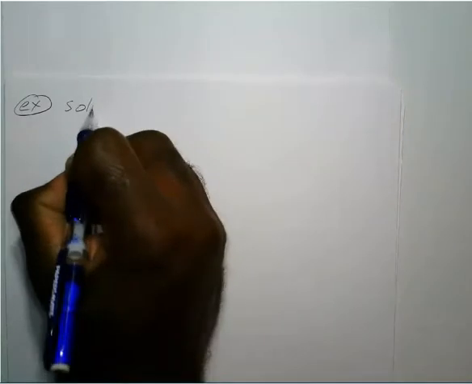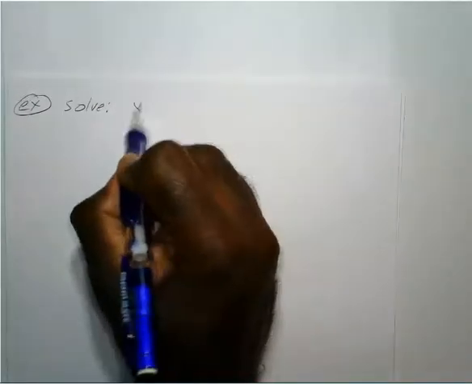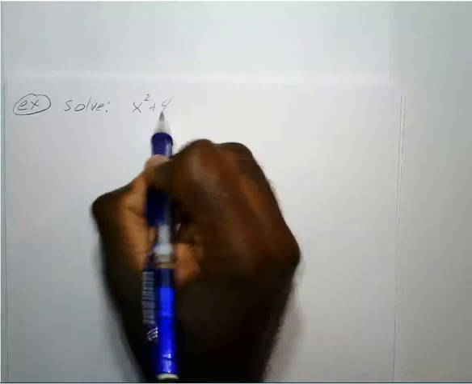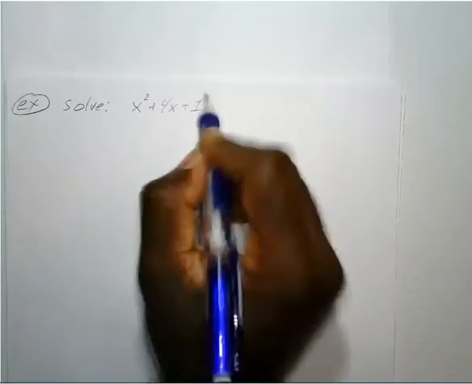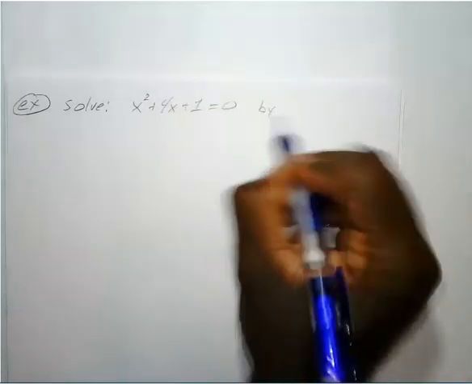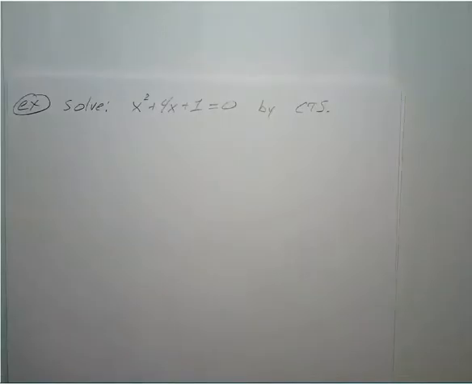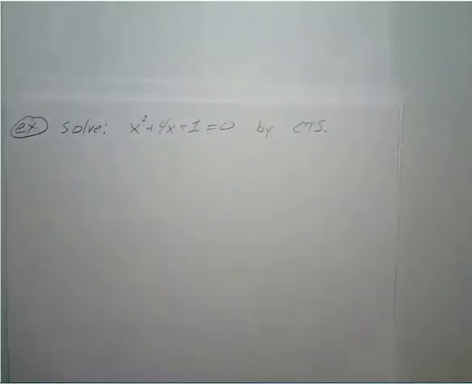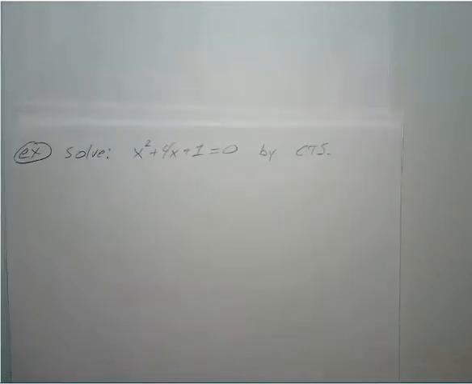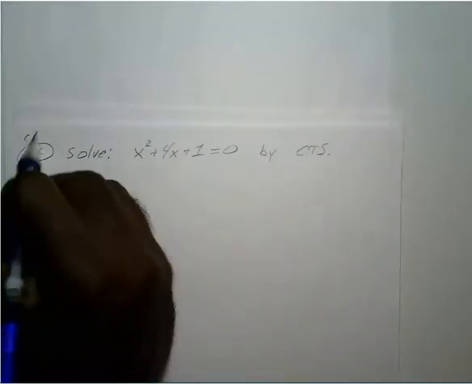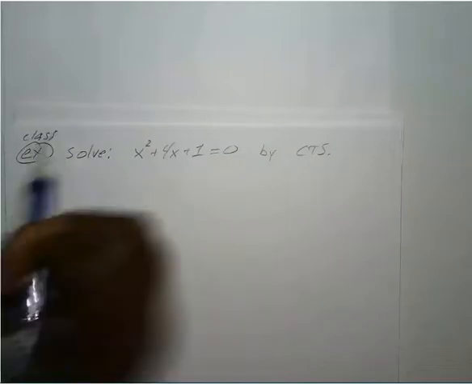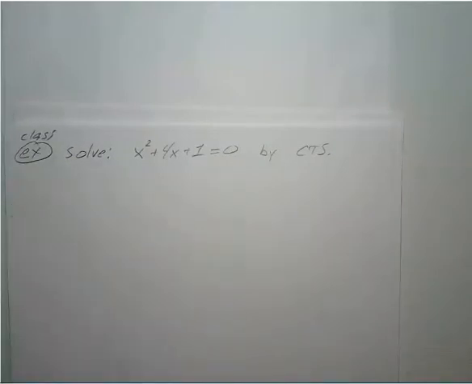So let's say, for example, we want to solve x squared plus 4x plus 1 equals 0 by completing the square. So what I want you to do is press pause and solve this using the exact same steps from the previous example.